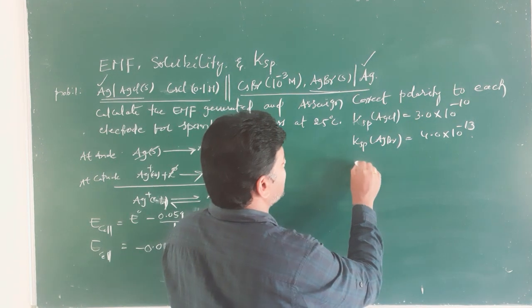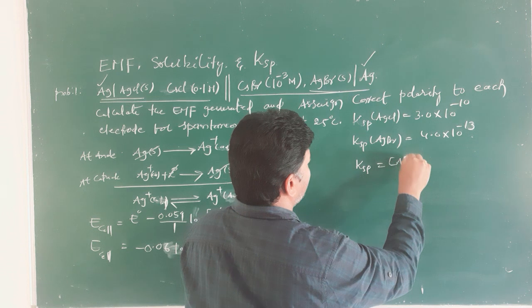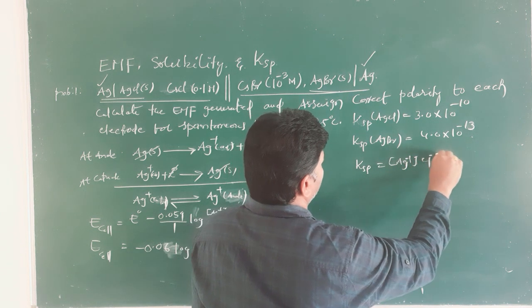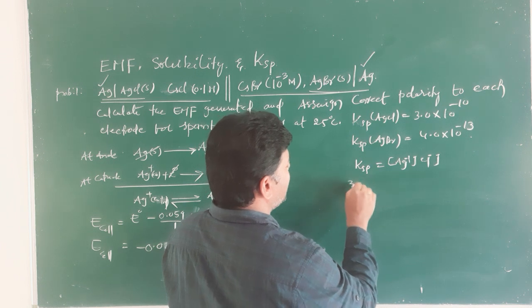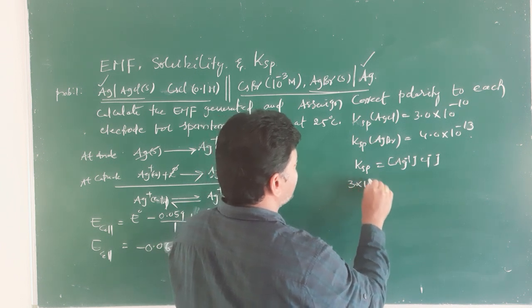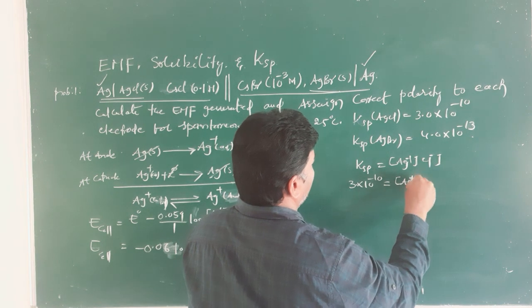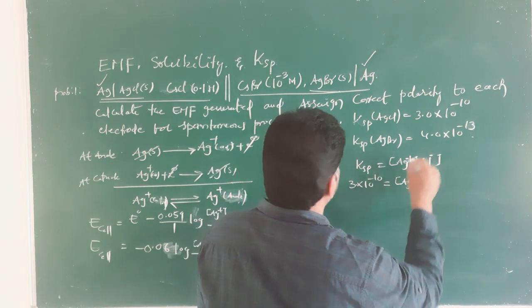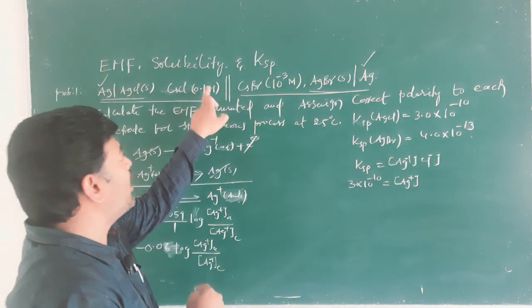AgCl, KSP for AgCl is concentration of Ag plus into concentration of Cl minus. Okay. So, what is KSP? 3 into 10 power minus 10 into concentration of Ag plus into concentration of Cl minus. They gave the concentration of Cl minus, that is 0.1 molar.